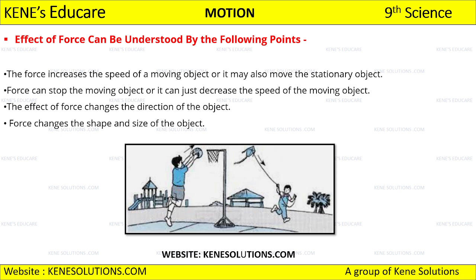You can even stop that. That is in the second statement. But here you can consider the ball as the stationary object. So we can move that stationary object, and by applying more force to it, we can even increase its speed. Taking the example of the ball is the best example, I guess.